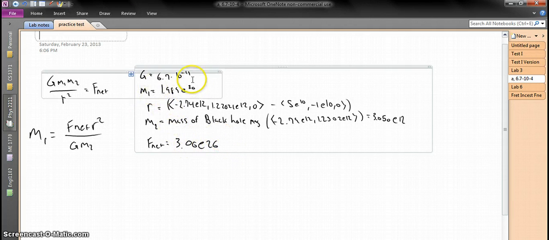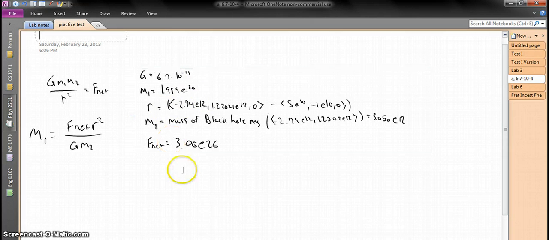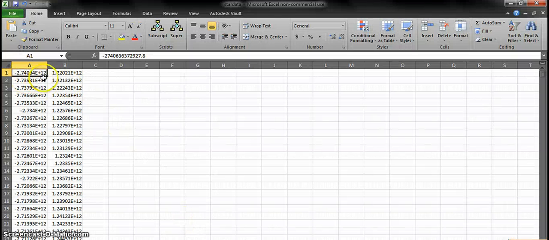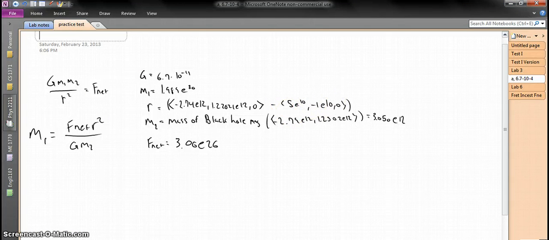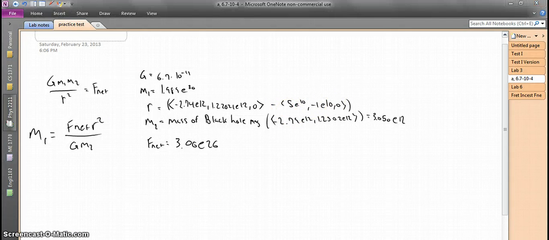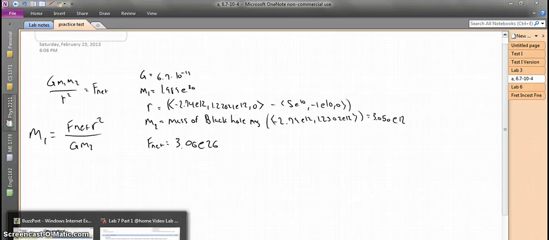We already knew the mass of the star given to us, which is 1.989 times 10 to the 30th, and we knew the gravitational constant, which is 6.7 times 10 to the negative 11th. We had to find the distance using the values given in the Excel file and the value of the initial position of the black hole, which was given to us here.